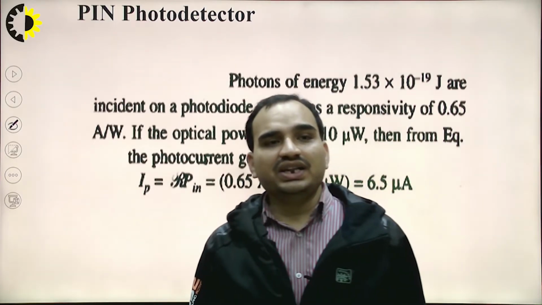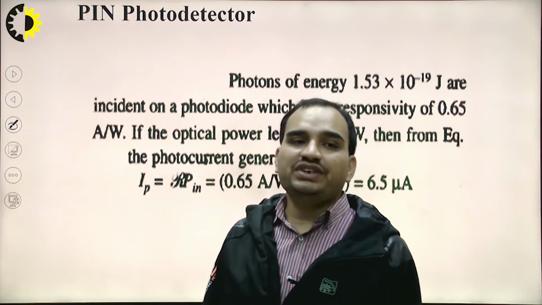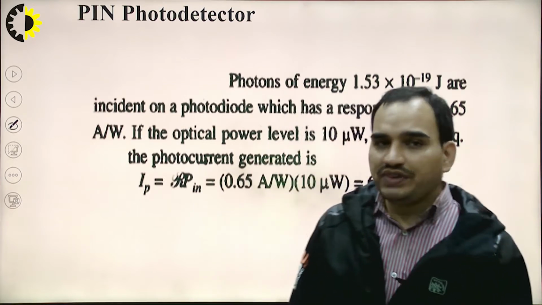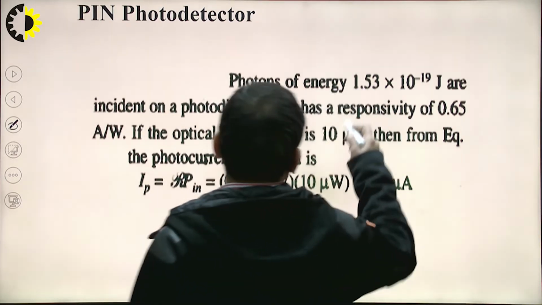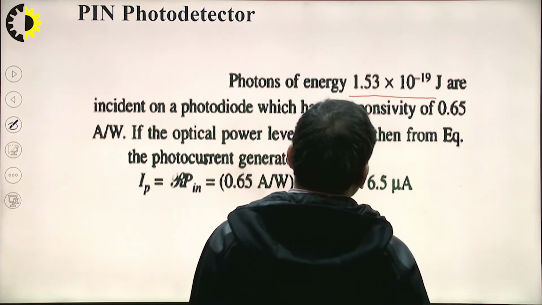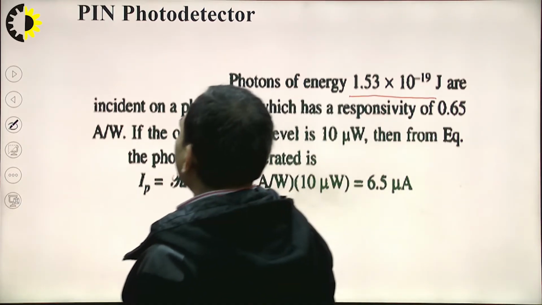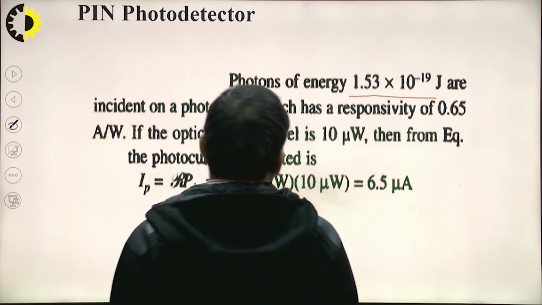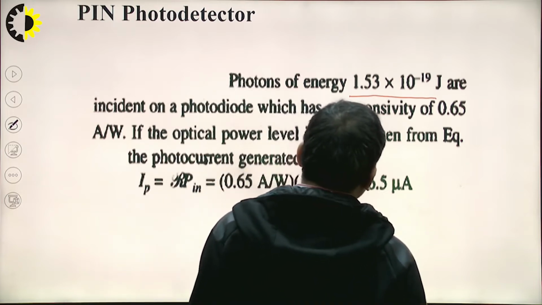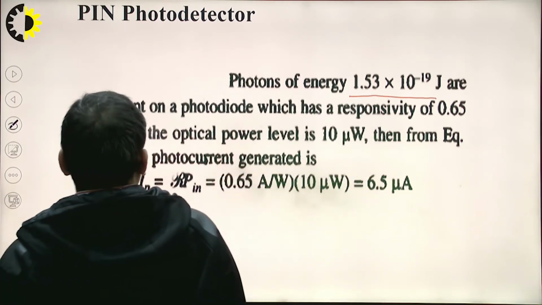Let's solve another numerical based on the responsivity. Photons with energy 1.53 × 10^-19 joules are incident on a photodiode which has a responsivity of 0.65 amperes per watt.